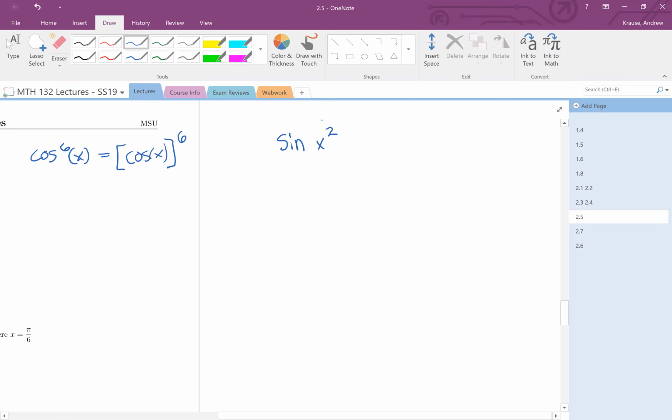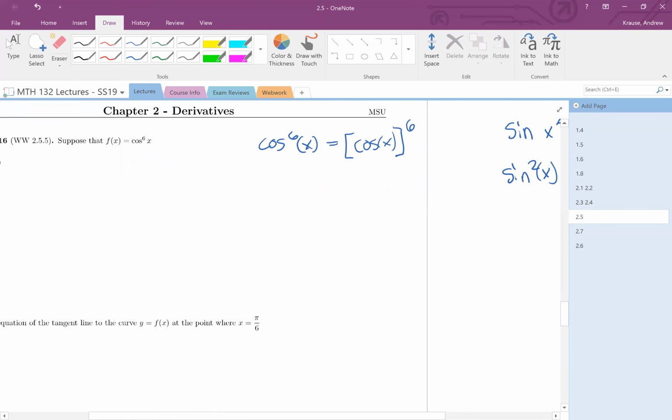If we write the sine of x squared, this is like finding the sine of x squared, where you're doing x squared first, and then you're taking the sine after you square the x. Versus when we do sine squared of x, that means that you're taking the sine of x first, and then you're squaring on the outside, and that just affects the order of operations, which affects our derivative.